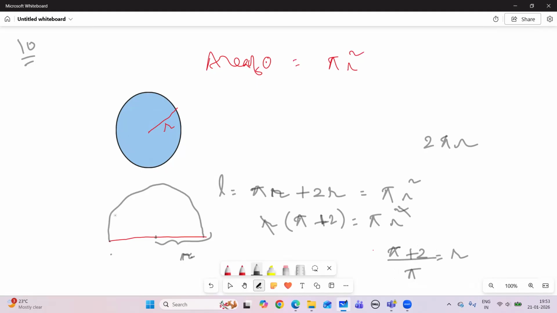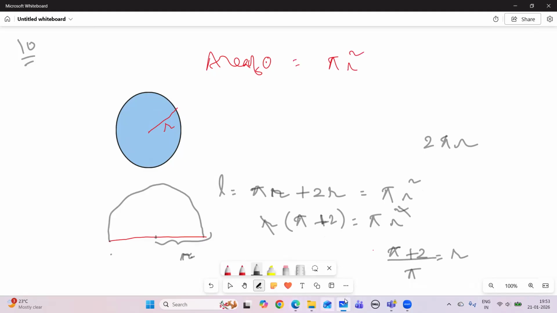This curved part will be half of the full circle, that is pi r, plus the diameter, which is twice the radius, 2r. So pi r plus 2r is equal to pi r square. From here r is common, r into pi plus 2 is pi r square. r is non-zero and positive, it is a circle, so you can cancel. You need r, so r equals pi plus 2 by pi.